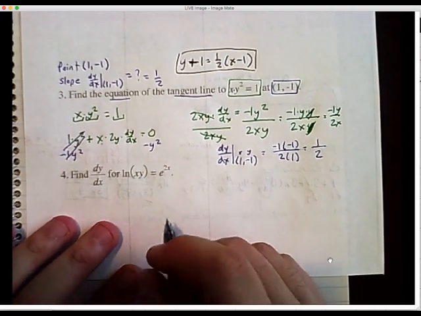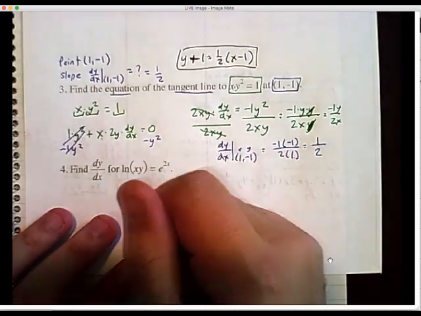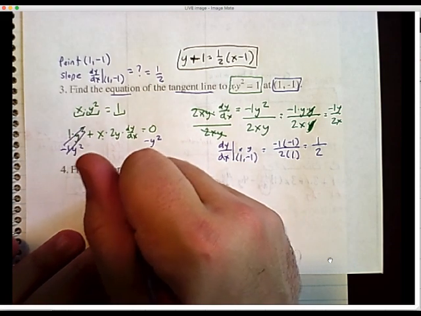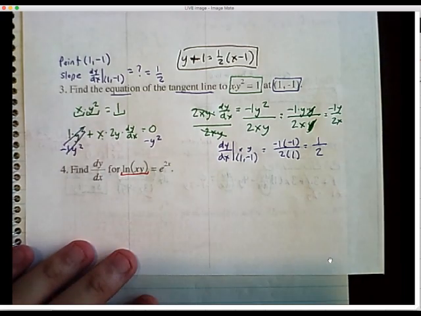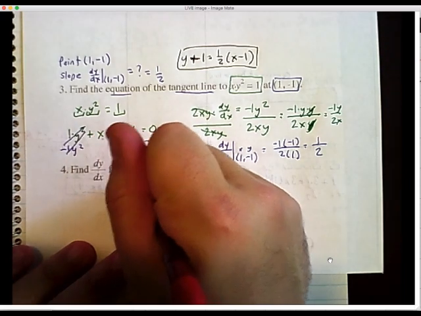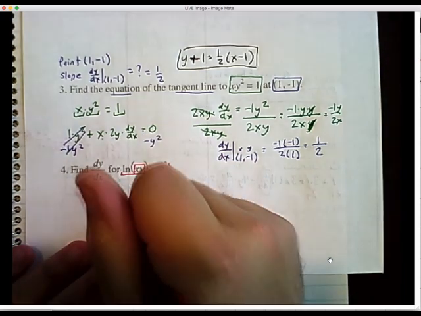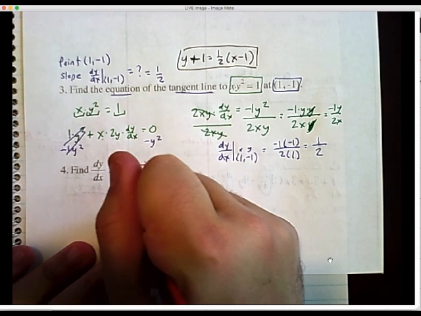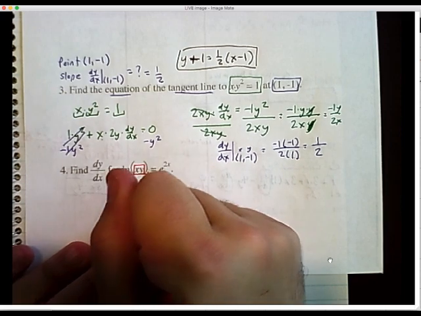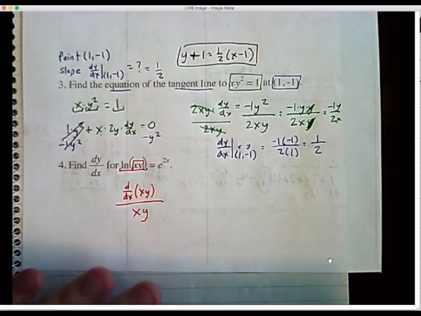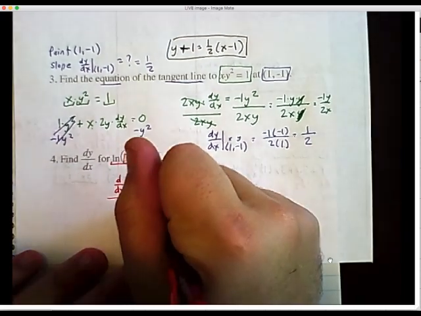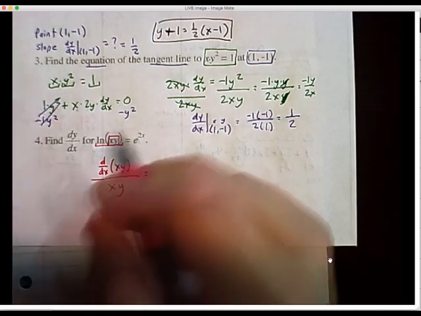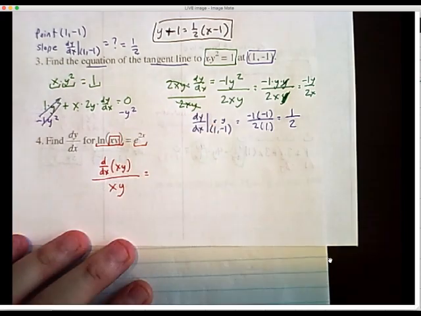So to calculate the derivative of any natural log, you're going to take the derivative of the inside over just the inside, equals the derivative of e to the 2x.